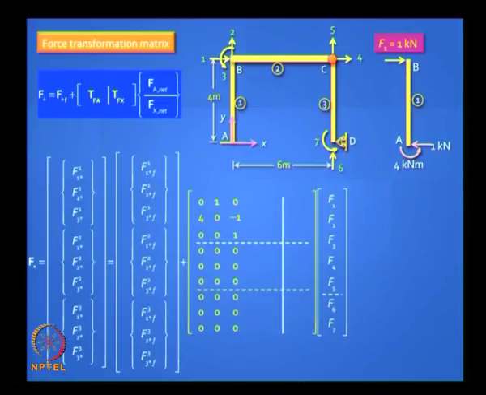So I am going to demonstrate here how to generate the force transformation matrix. F star is F star F plus TFA times FA net plus TFX times Fx net, right. We will work out that FA net, Fx net later after we handle the fixed end forces, but right now our task is to write down TFA and TFX.